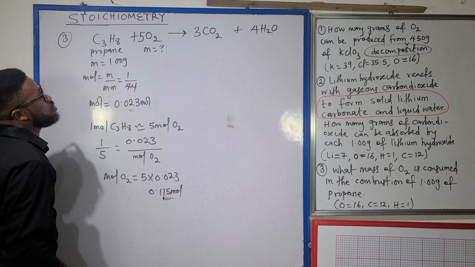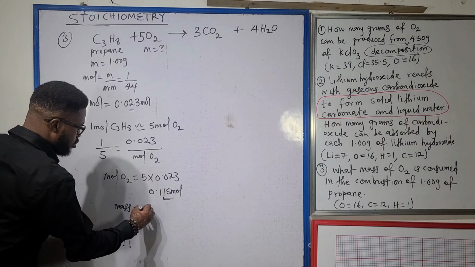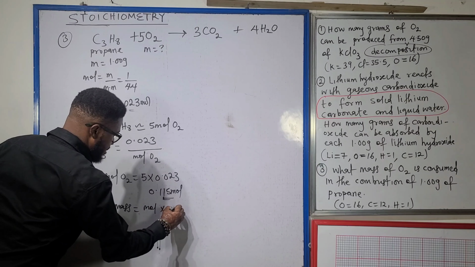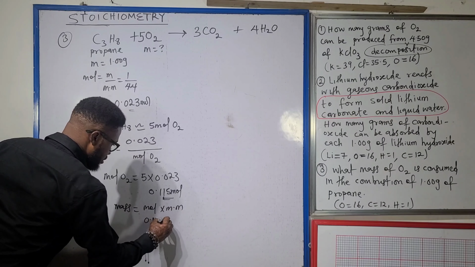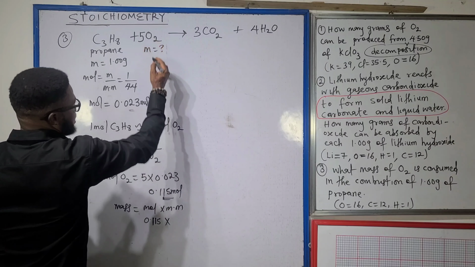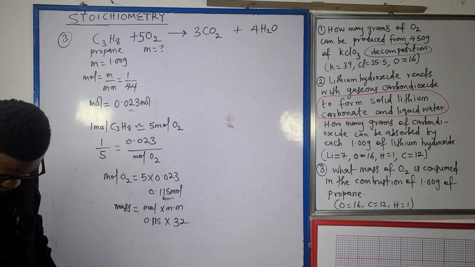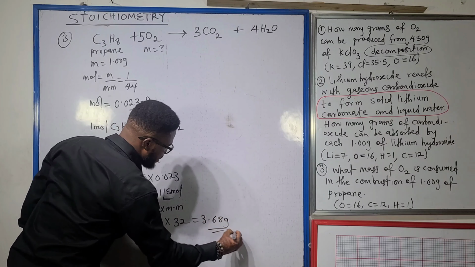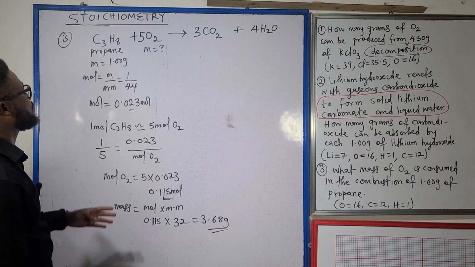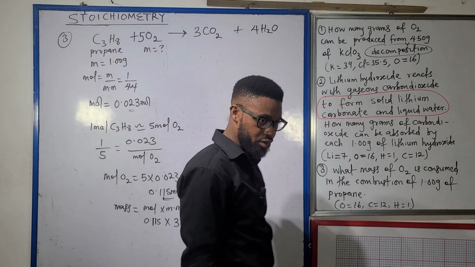But of course, I'm told to look for the mass. So the mass is going to be mole times molar mass. 0.115 times, for oxygen, 16 times 2, 32. 0.115 mole times 32 will give me 3.68 gram. That is the mass of oxygen required for complete combustion of propane, and that ends question 3.